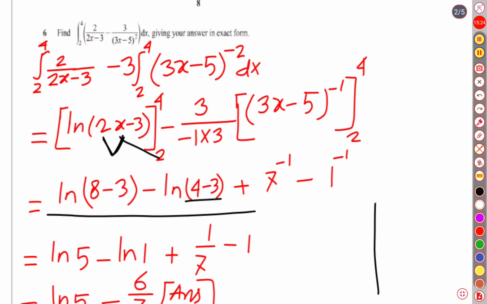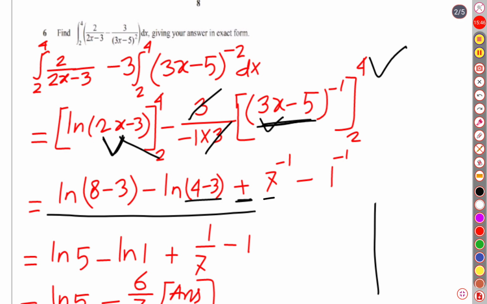Let's talk about the next function. If this 3 and 3 are dissolved, it gets 1, and negative negative is going to be plus. So what will happen if we substitute 4 as the value? 3 fours are 12. 12 minus 5 is equal to 7.